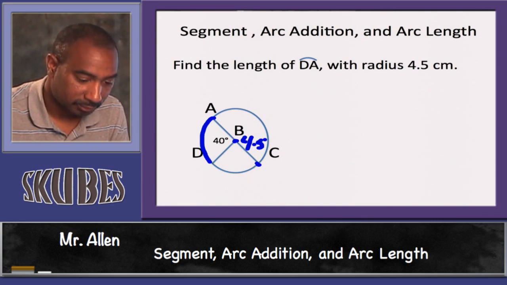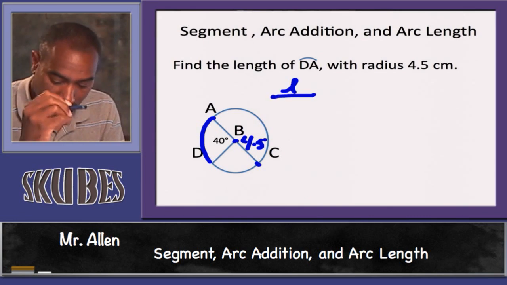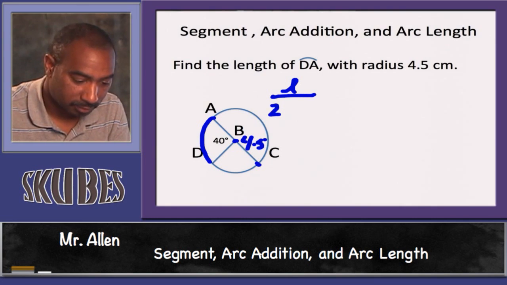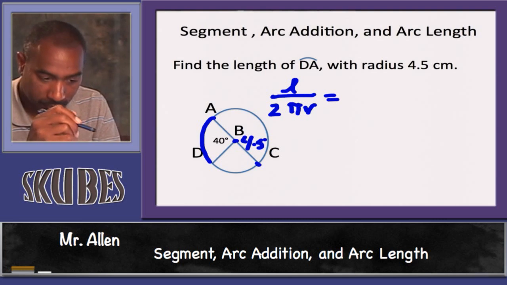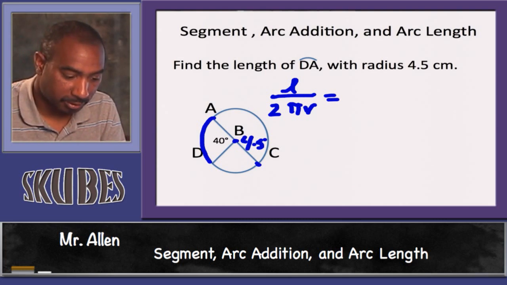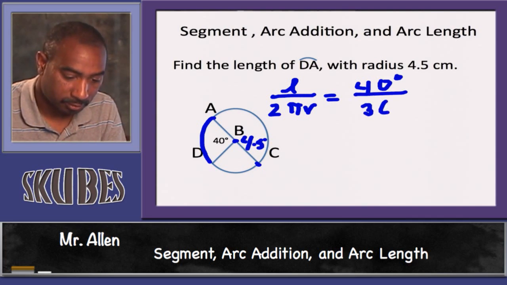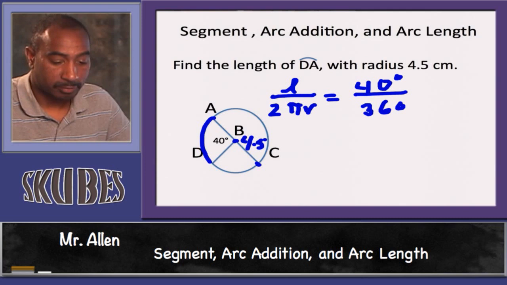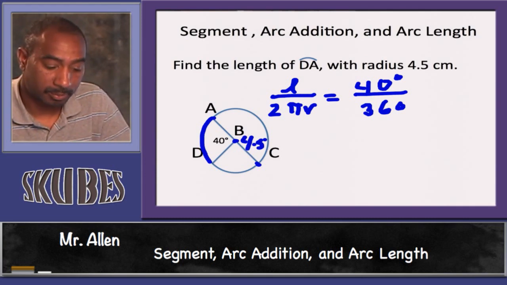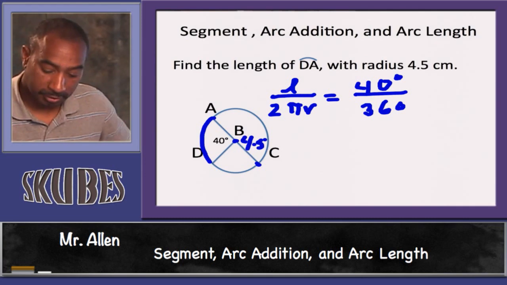So we have L is equal to the circumference. And we know that this measure of the central angle is 40 degrees to 360. But you first have to get the circumference in order to solve this problem. So let's do that.